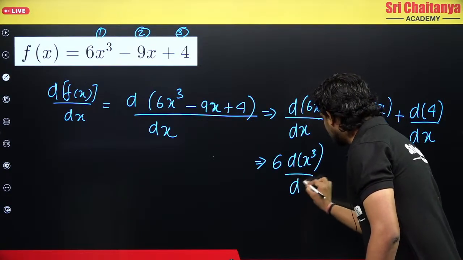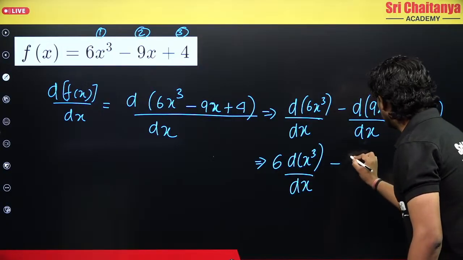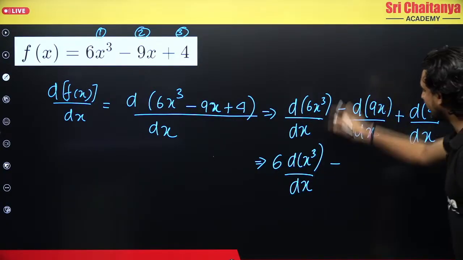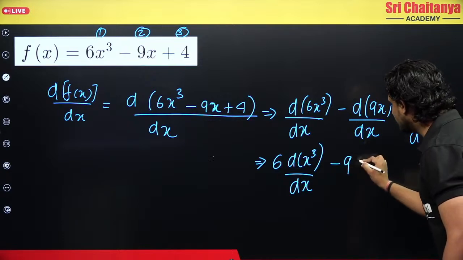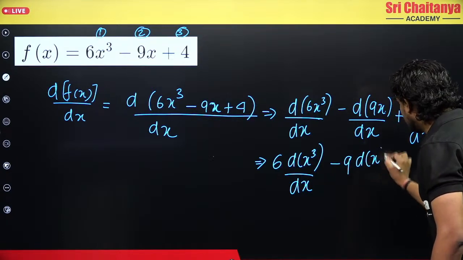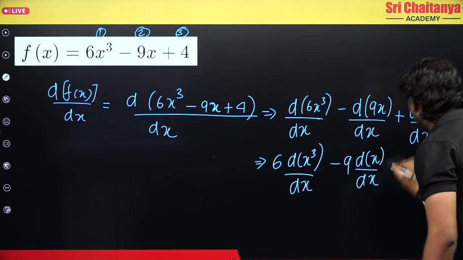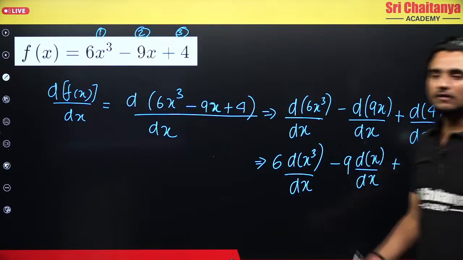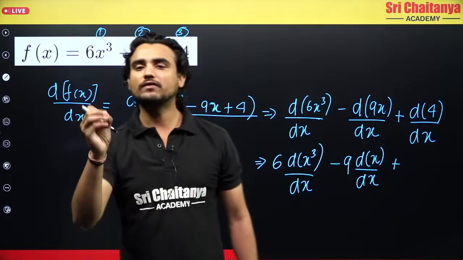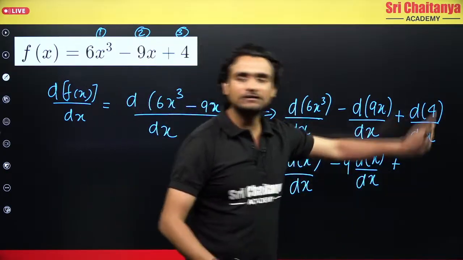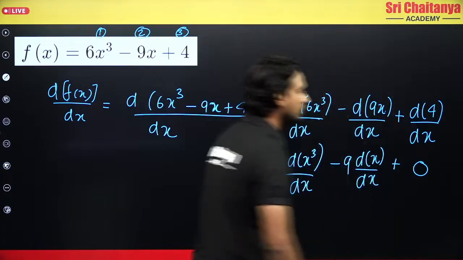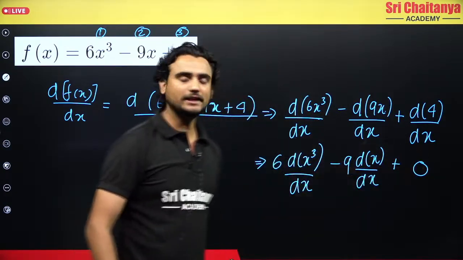Minus 9, this 9 is also a constant and x is a function, so this 9 will jump out, and I will say differentiation of x with respect to x. Plus differentiation of 4. Now 4 is a constant. Whatever input of x I give, this value will never change, so this will be equal to 0. Differentiation of a constant is equal to 0.